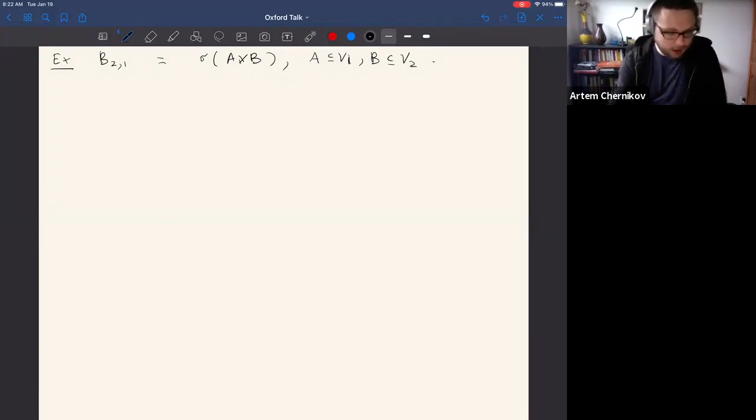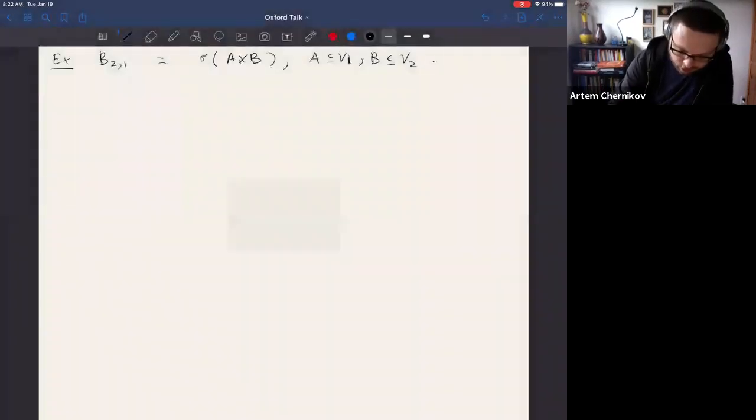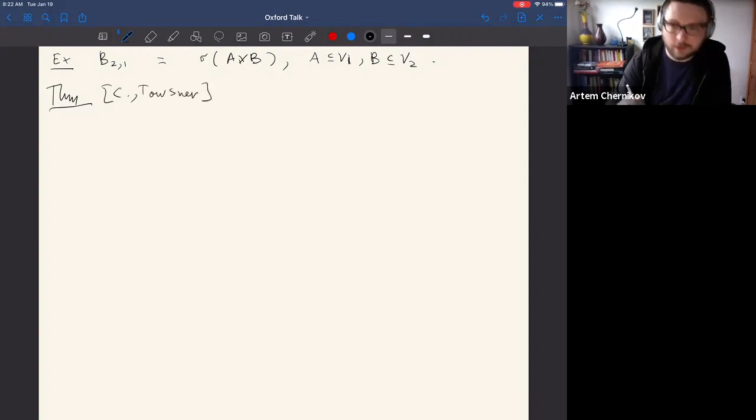Okay, and so now we can state the theorem, which is a hypergraph generalization of the result of Alon-Fischer-Newman and Lovász-Szegedy.